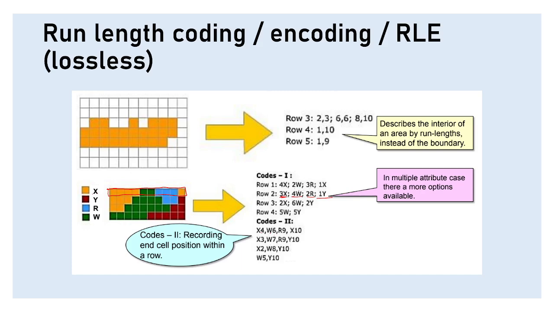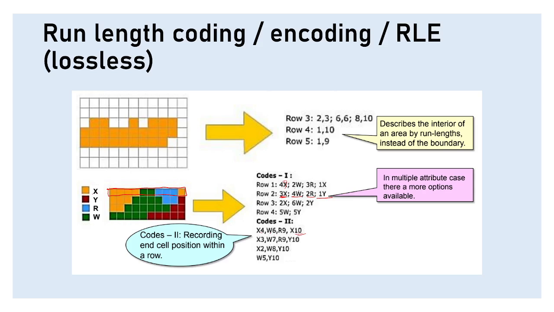So here actually we are doing it in terms of the number of cells of each color, but here we are naming it in terms of the end cell position. So that's why I was saying these numbers that we are assigning over here don't have a numeric value. It depends on how you're considering it.